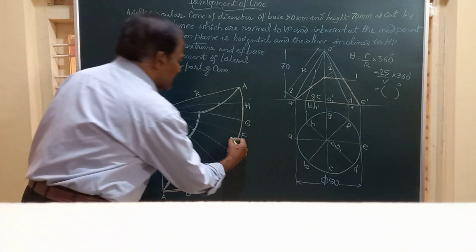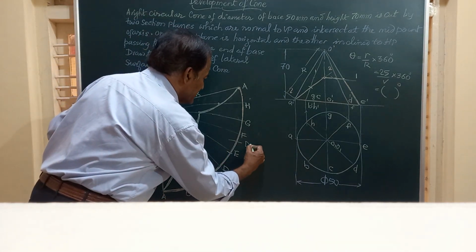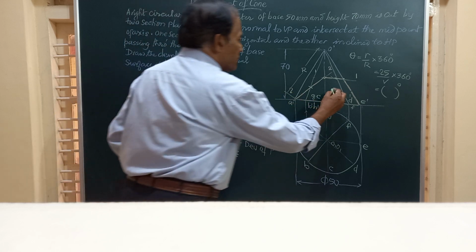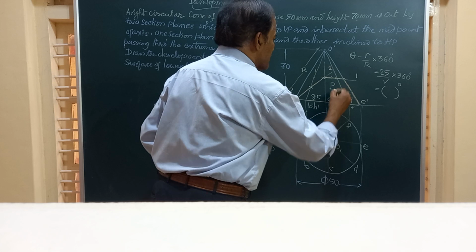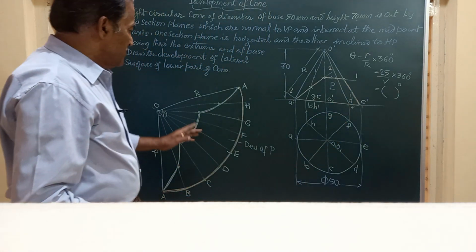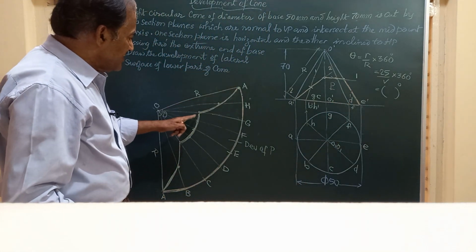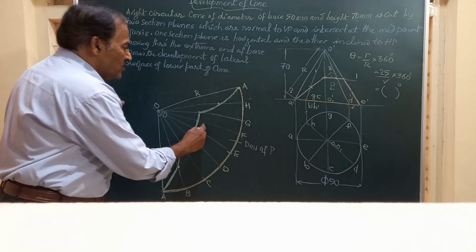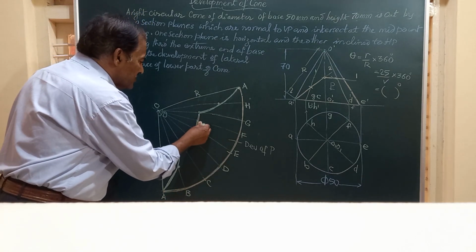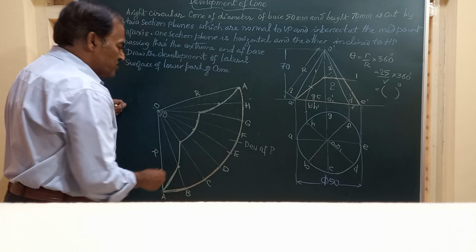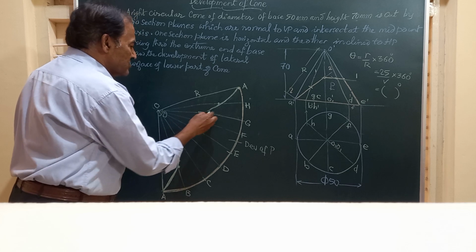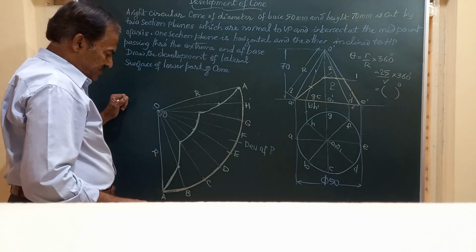So friends, I can call this the development of that part P. This part P is this one. So friends, show only this line, this arc, this arc and this by dark line, and all other lines should be shown very thin, and they should be just visible to the readers. That's all. So this is the complete development.